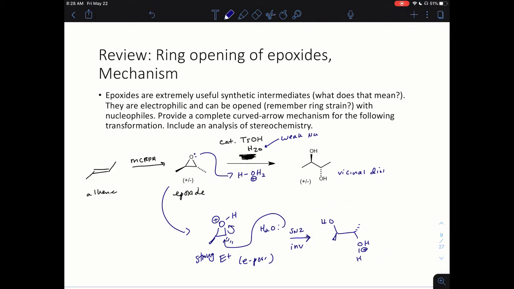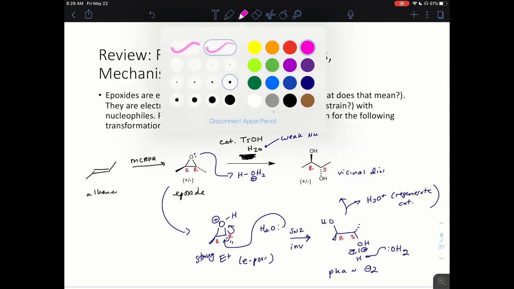This intermediate is a protonated alcohol, and so it has a pKa of about -2. We will show that it's deprotonated by water to regenerate the catalyst and create the vicinal diol product. I've added stereochemistry here.